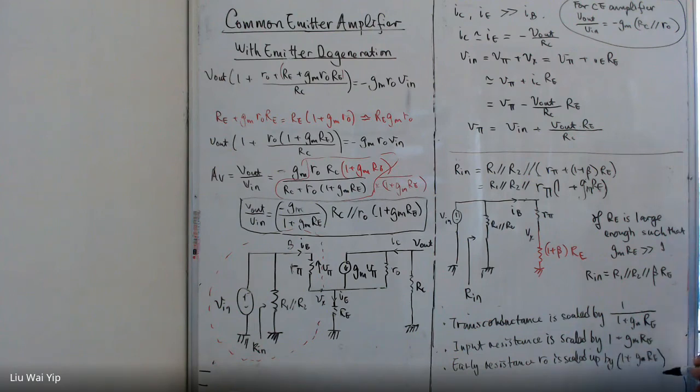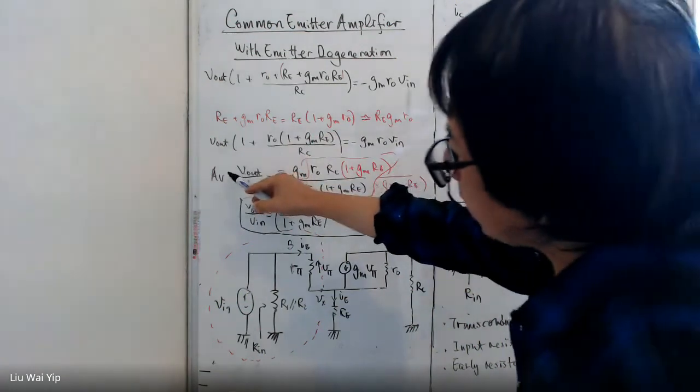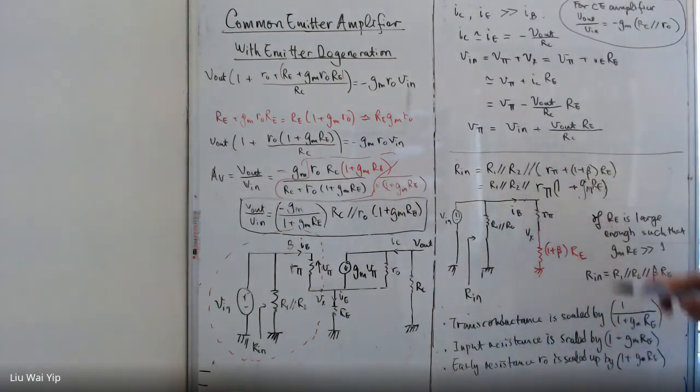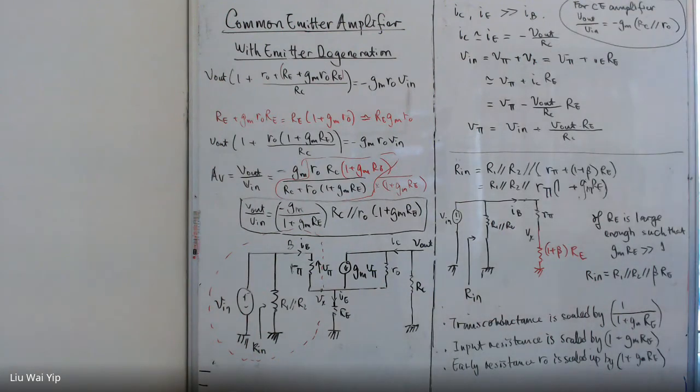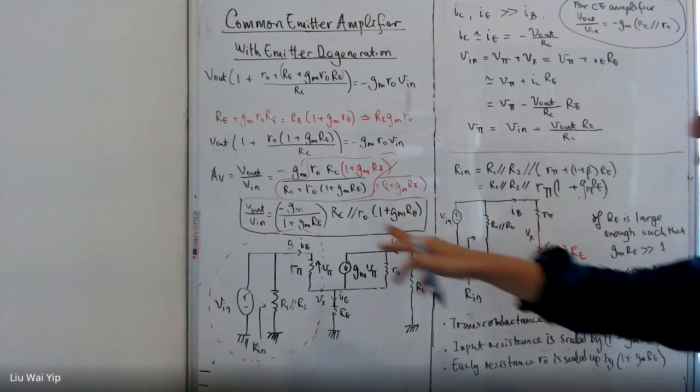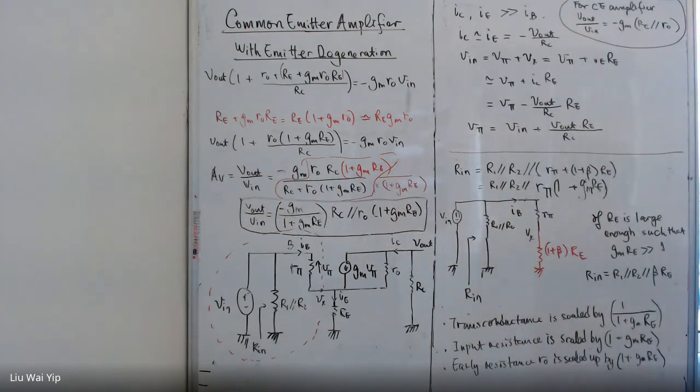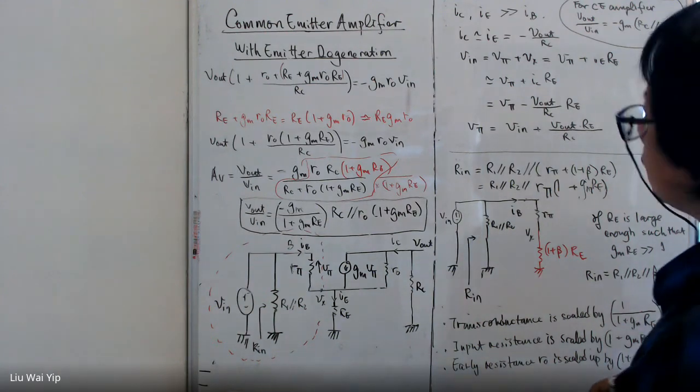So all these are important information. And we have looked at the voltage gain, we have looked at the output resistance, sorry, input resistance. And what we have not known is the current gain. And we can use the same method to work out the current gain as long as the voltage gain is known.